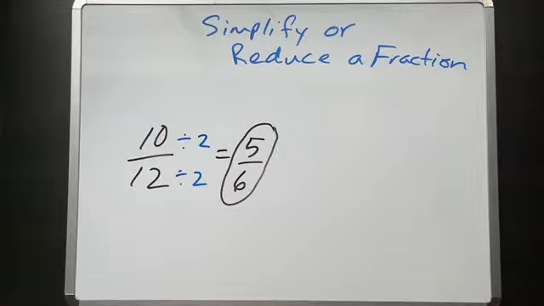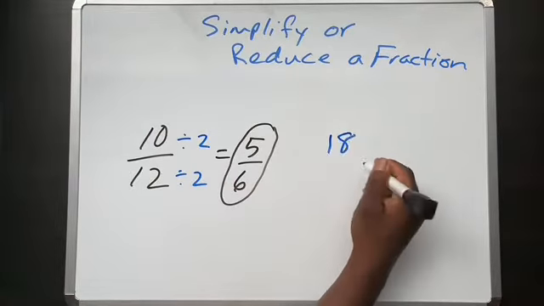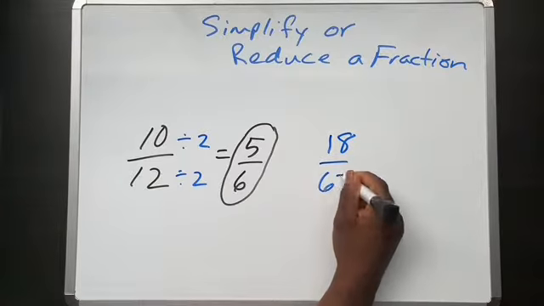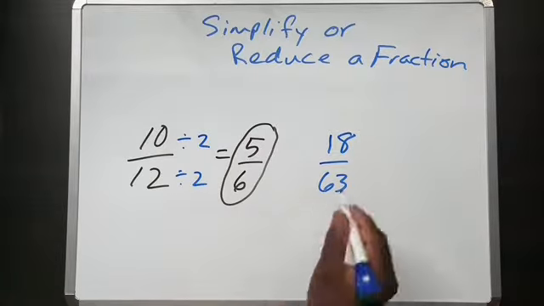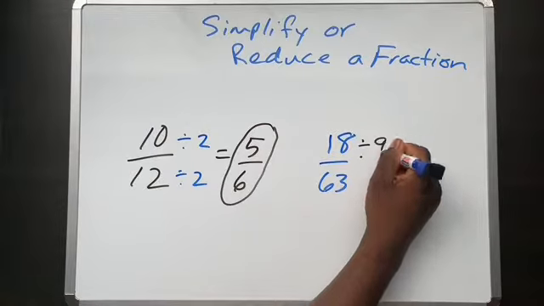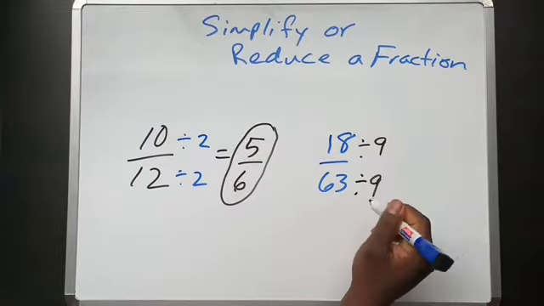Let's try another one. Let's try 18 over 63. So we ask ourselves, what is the largest number that can be divided into both 18 and 63? And we know it's 9. Okay?